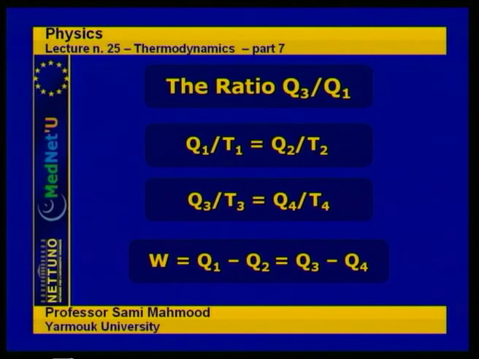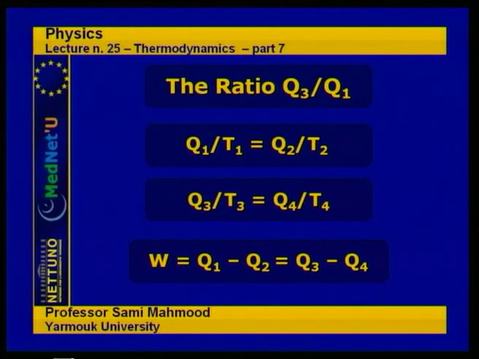That is coming from the ideal engine. And the second relation that we know is Q3 divided by T3 is equal to Q4 divided by T4, and that is coming from the ideal refrigerator.